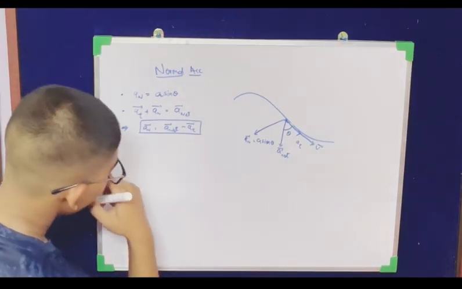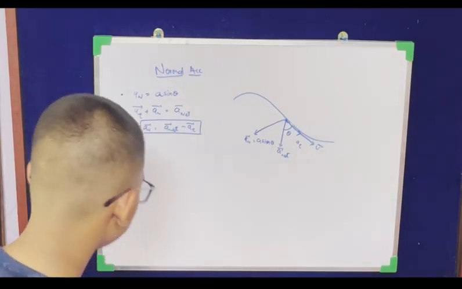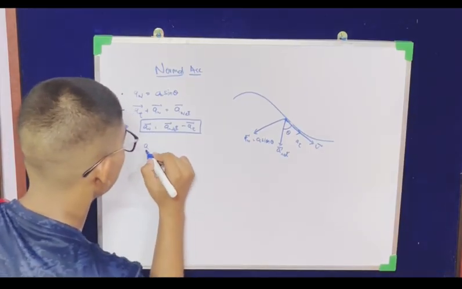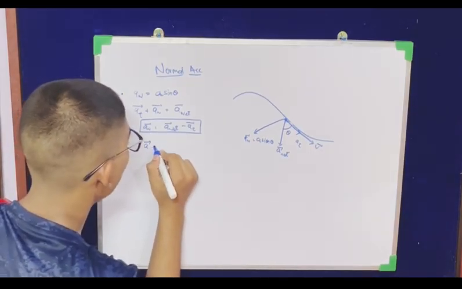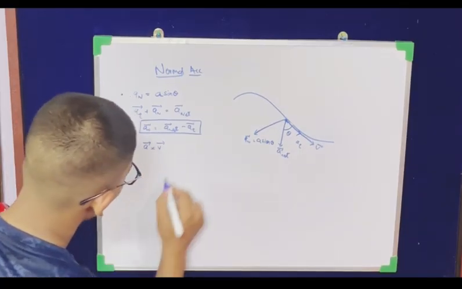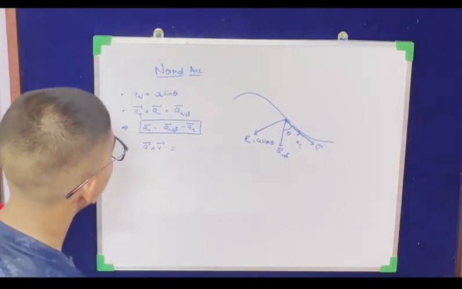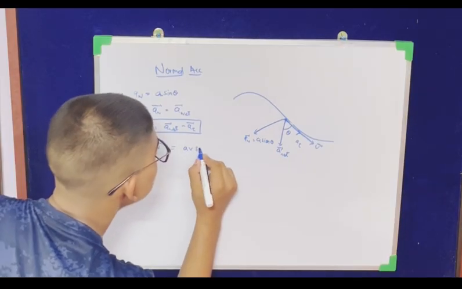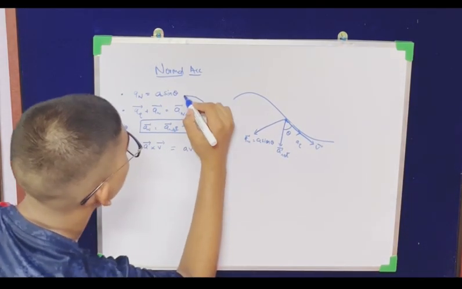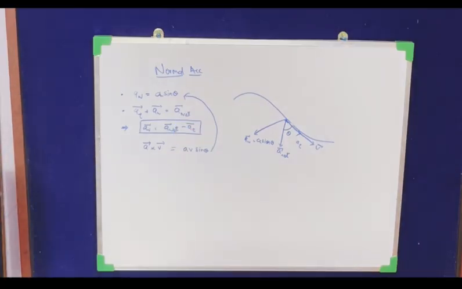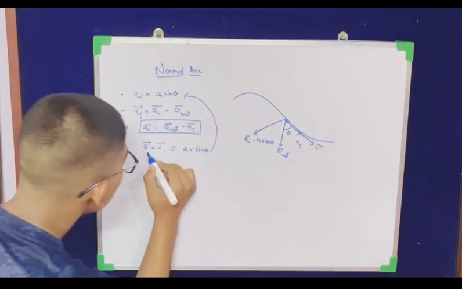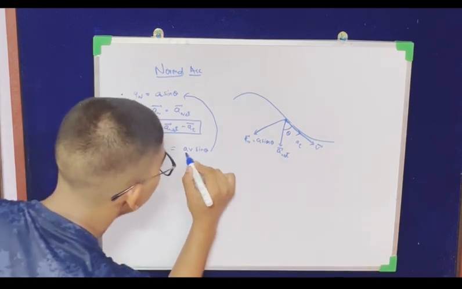Now if we want to write it another way, this is the acceleration, and if we do its cross product with the velocity, what do we get? We get a v sine theta. But what we actually want is a sine theta, right? So we need to eliminate this v, and for that we just divide both sides by v.